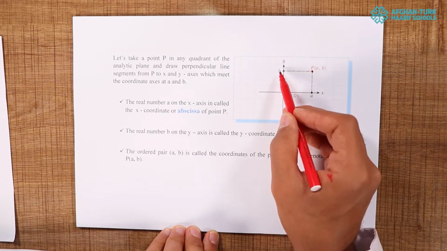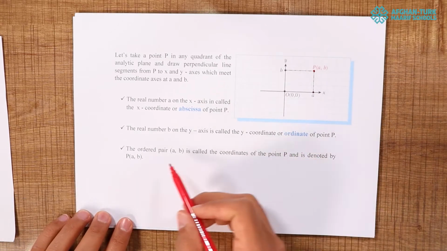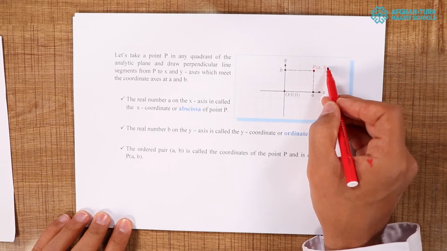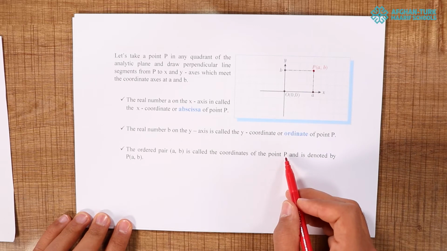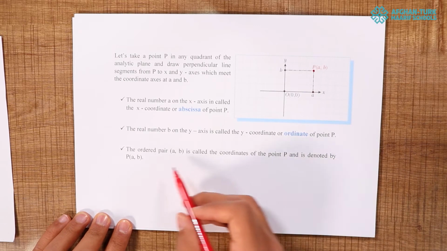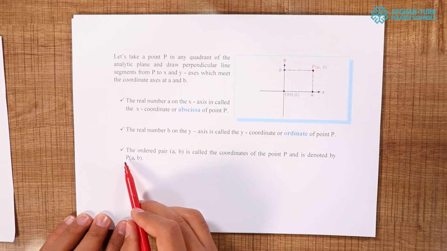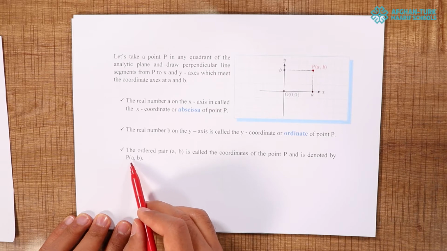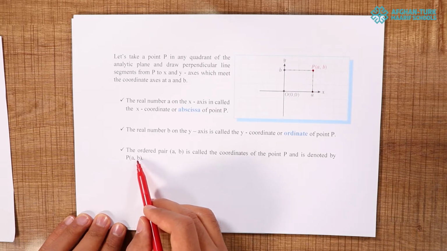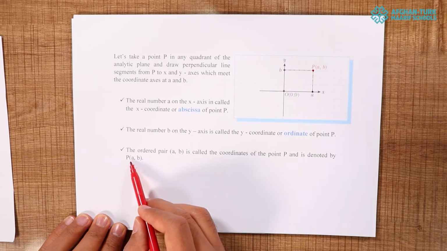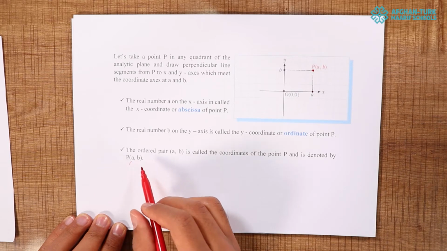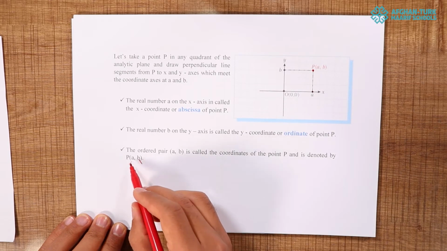And also the ordered pair (A, B) is called the coordinates of the point P, and it is denoted by P(A, B). In the x-axis we have A, and in the y-axis we have B.